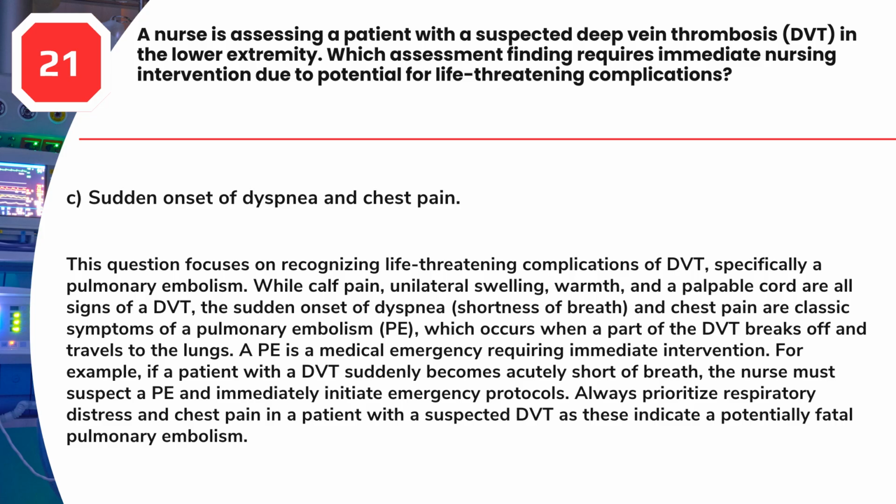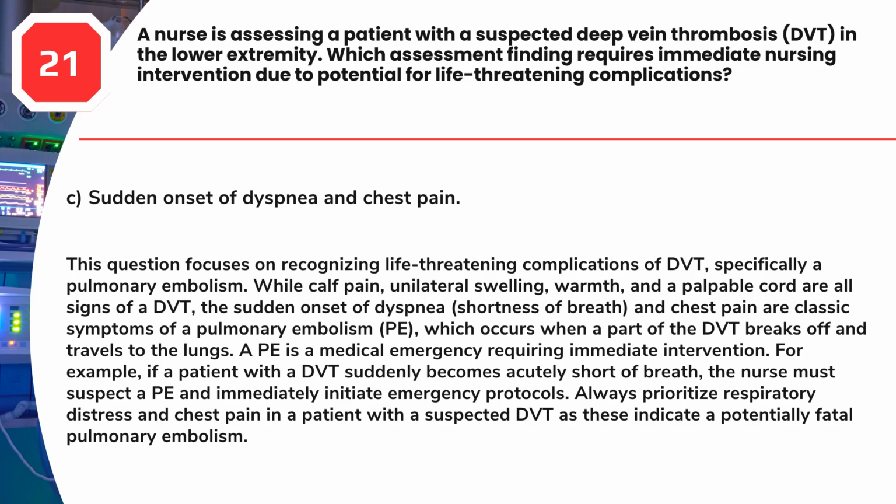This question focuses on recognizing life-threatening complications of DVT, specifically a pulmonary embolism. While calf pain, unilateral swelling, warmth, and a palpable cord are all signs of a DVT, the sudden onset of dyspnea, shortness of breath, and chest pain are classic symptoms of a pulmonary embolism, PE, which occurs when a part of the DVT breaks off and travels to the lungs.